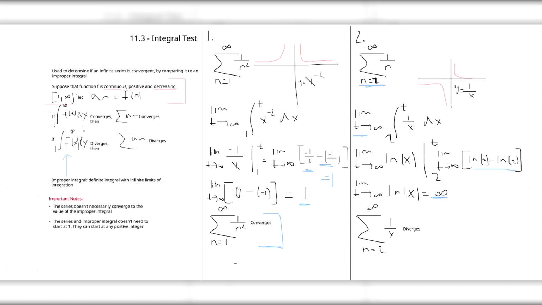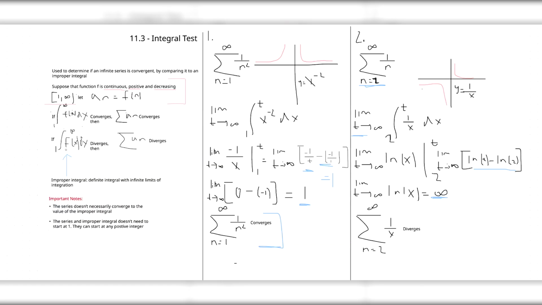And so we're going to compare a series to one of these improper integrals to see if the series converges or diverges. Okay, and so there are a couple conditions for the initial series in order for the integral test to be valid. Otherwise, it doesn't work and you can't use it.